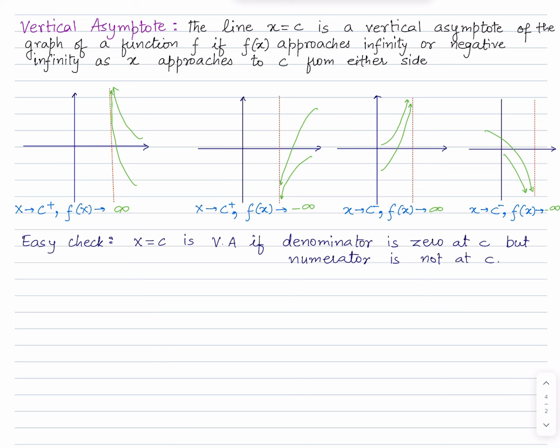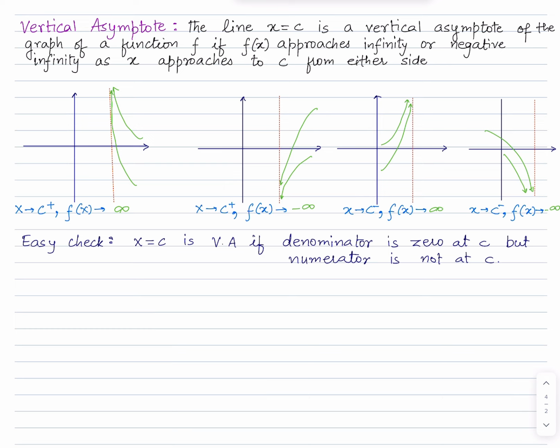Then x equals c is your vertical asymptote. Or you can also say you cancel out all the common factors and then set your denominator equal to 0.